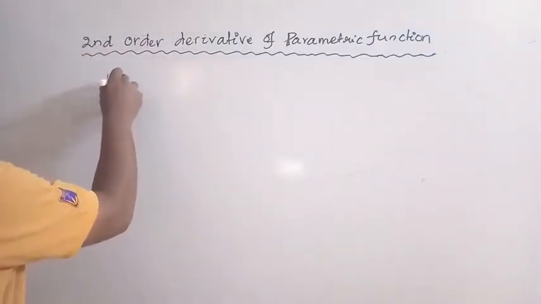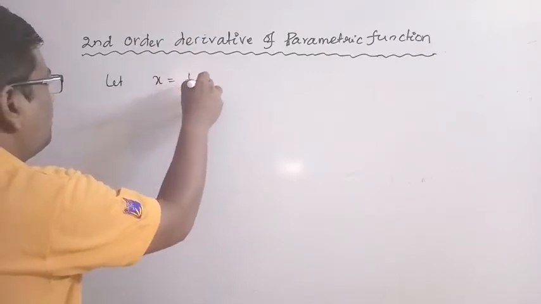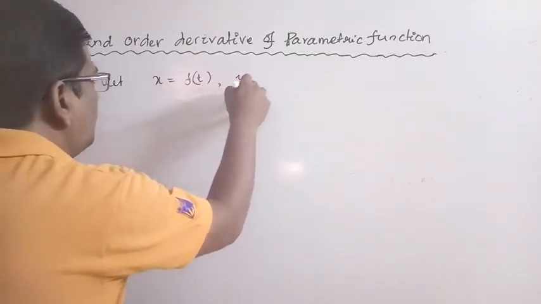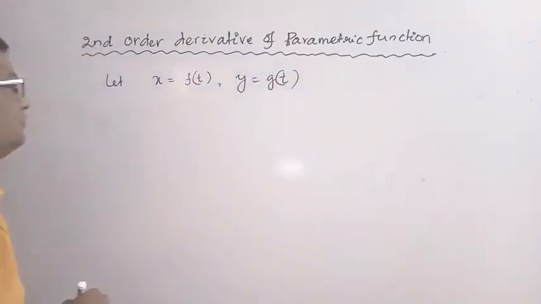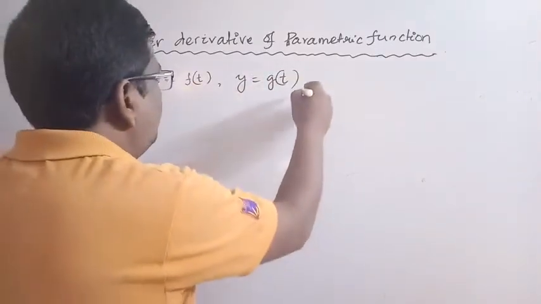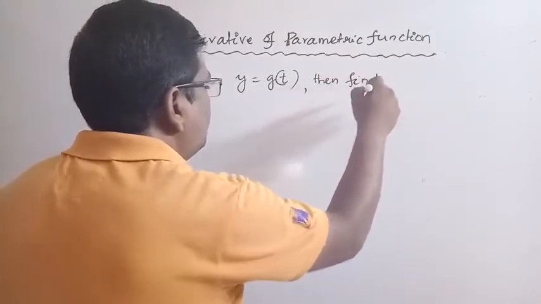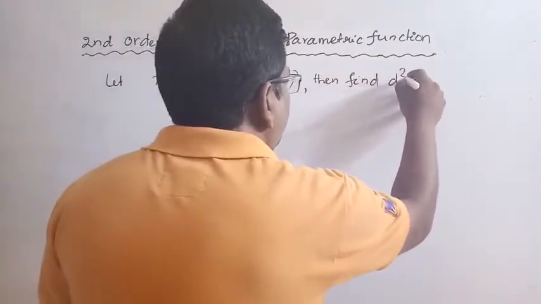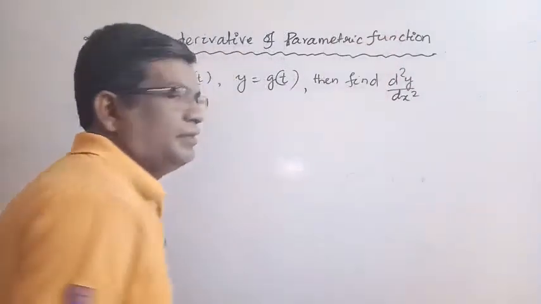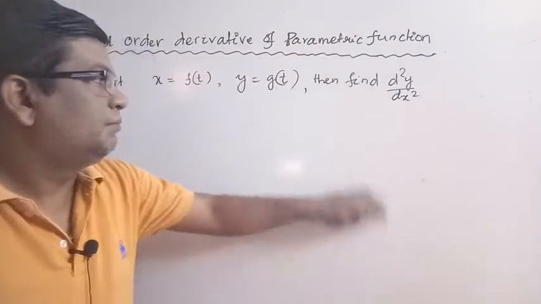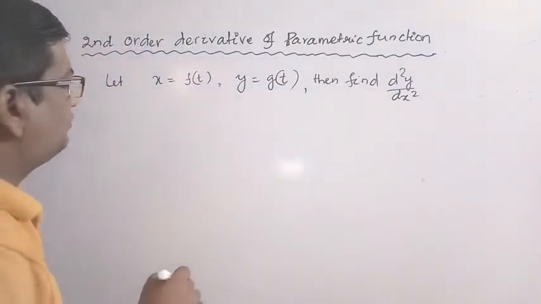Let x is equal to suppose f of t, y is equal to suppose g of t. Then find d square y by dx square. This is the question, suppose you have asked.